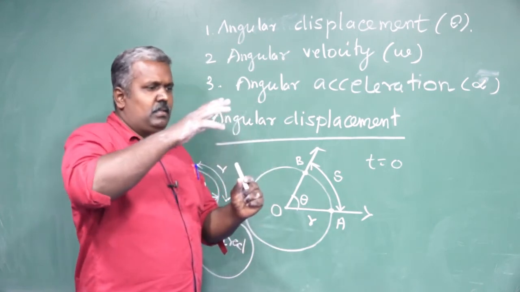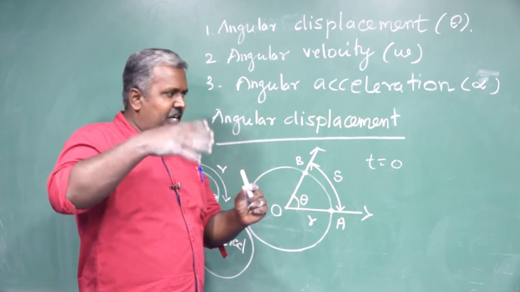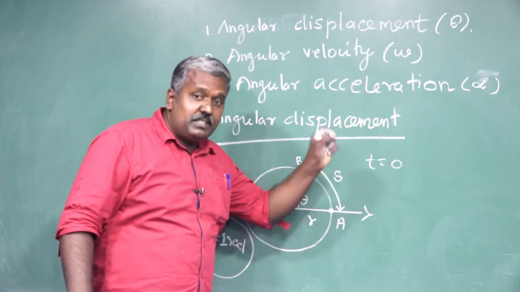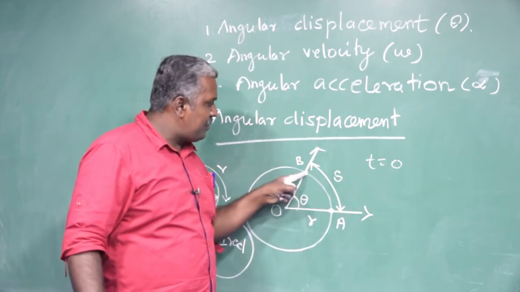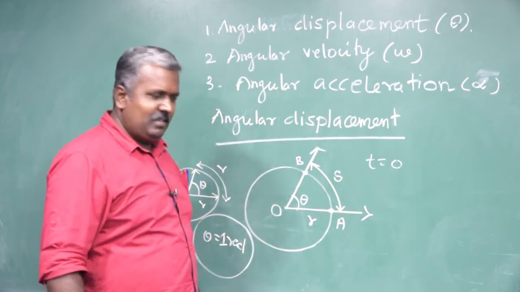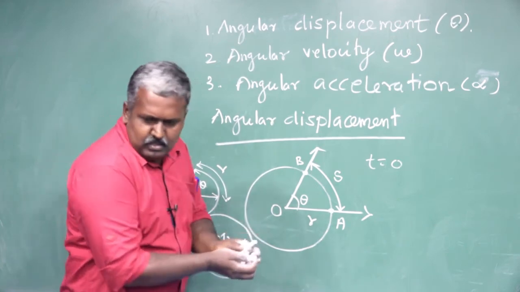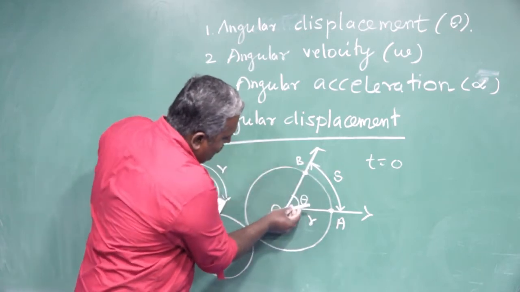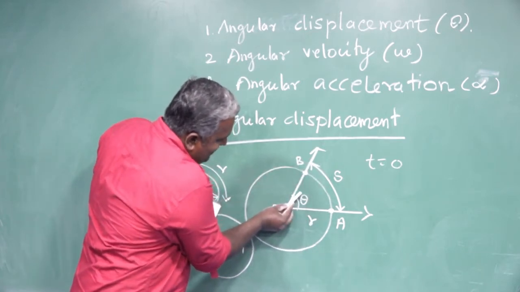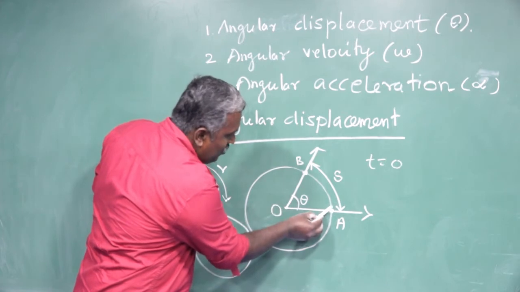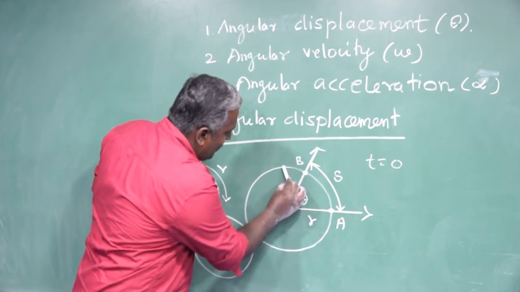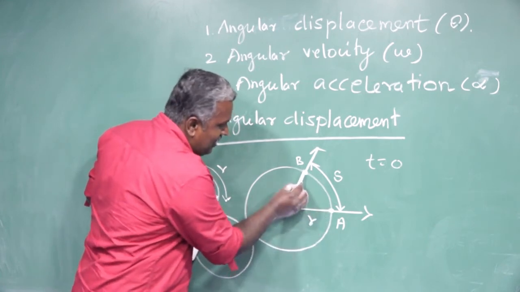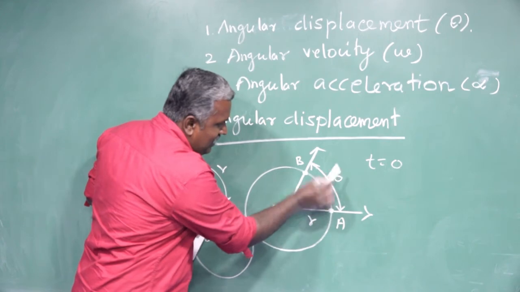It is rotating, so our time is starting. At time t is equal to t seconds, let us consider the position of the particle B. So the particle moves along a circular path. From here to here, that gap is equal to S.